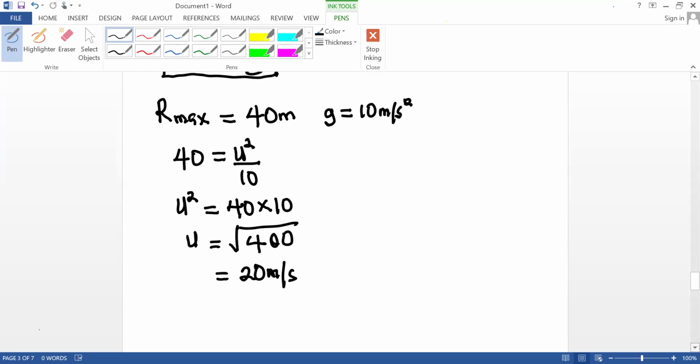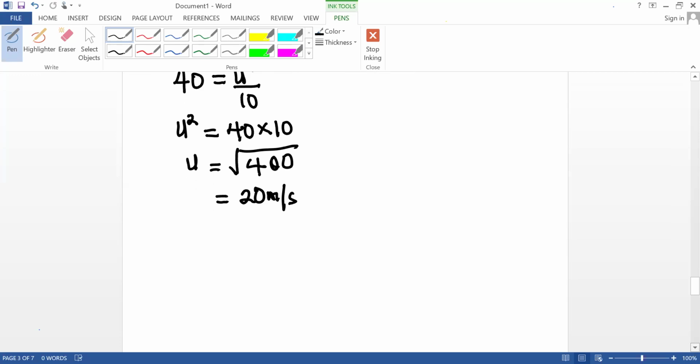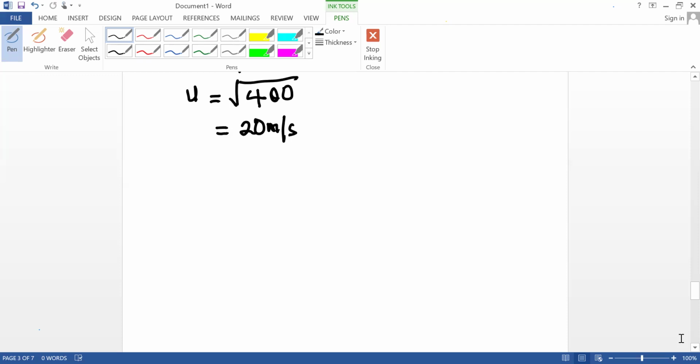I got 250 meters per second. We shall see. Same, you also had 250. A bullet is fired from a gun at 30 degrees to the horizontal. The bullet remains in flight for 25 seconds before touching the ground. Calculate the velocity of projection.